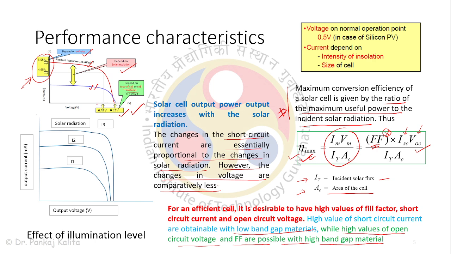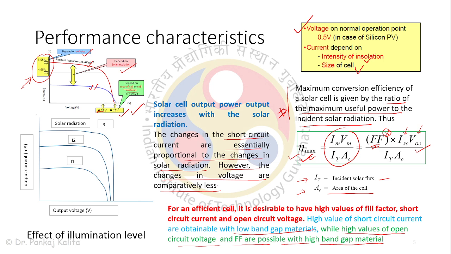Now this is the IV curve, voltage and current. The current depends on two important parameters: one is the intensity of the incoming insolation and another is the size of the cell. And the voltage depends on the material or type of the cell we are talking about.